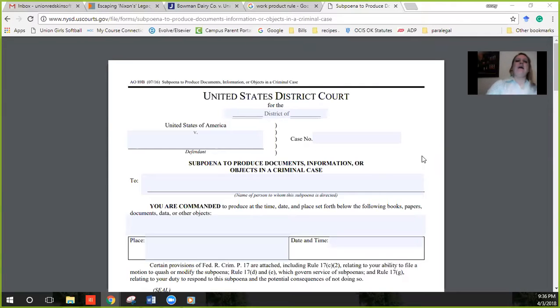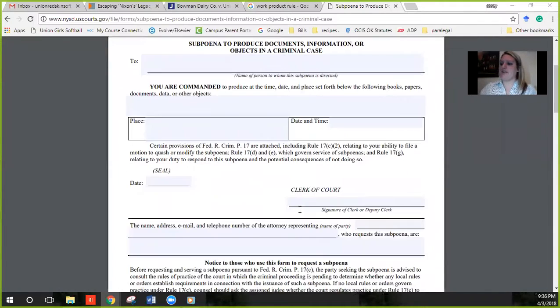There is a lot of if this, then that, or if that, then this. So there are a lot of different small caveats that go with this, and some of them have something to do with servicing, and some of them have to go with witness pay, and we're going to see that on this subpoena template.